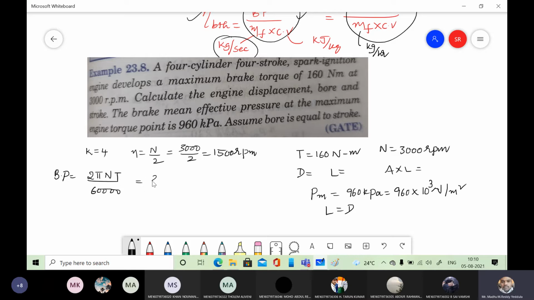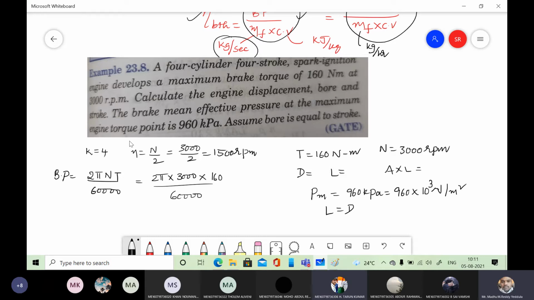So 2 pi N T is 3000 into brake torque 160, divided by 60,000. In 2 pi NT, is N capital N or small n, sir? Capital N, this is the speed directly.